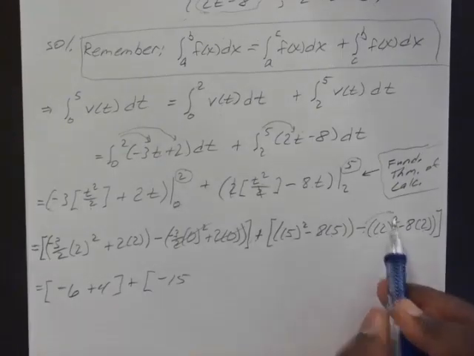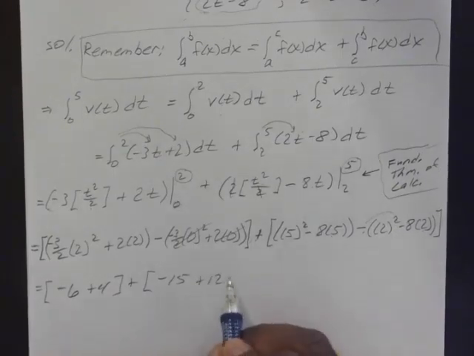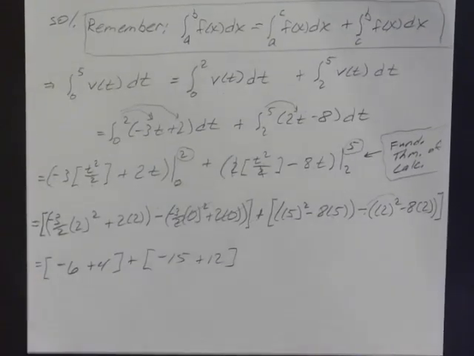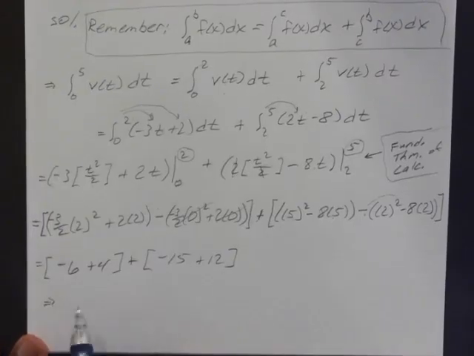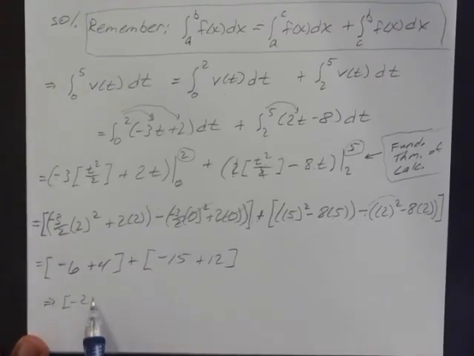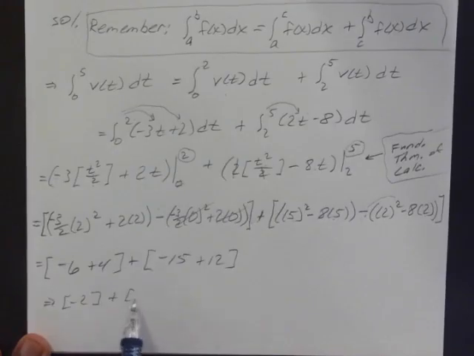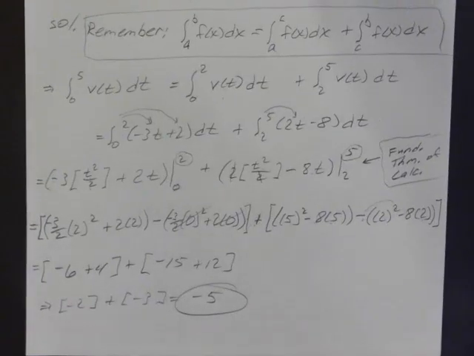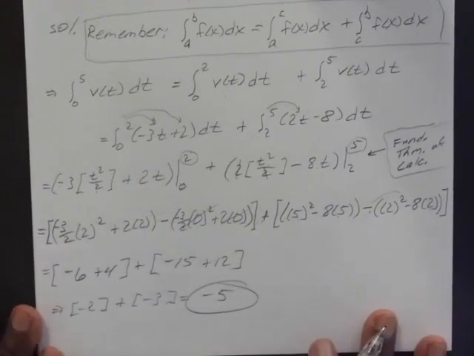But if we distribute that negative, that makes it plus 12. Okay, so that gives us negative 2 plus negative 3, which is equal to negative 5. Oops, straighten that up.